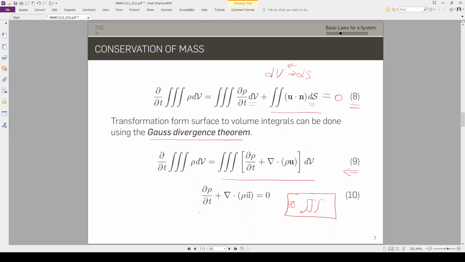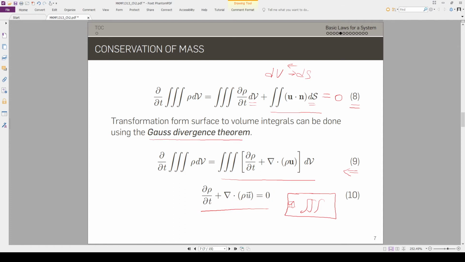What is left is the term contained in the square bracket in equation number 9, which gives us the conservation of mass or continuity equation, written as del rho over del t plus the divergence of rho u equal to 0.